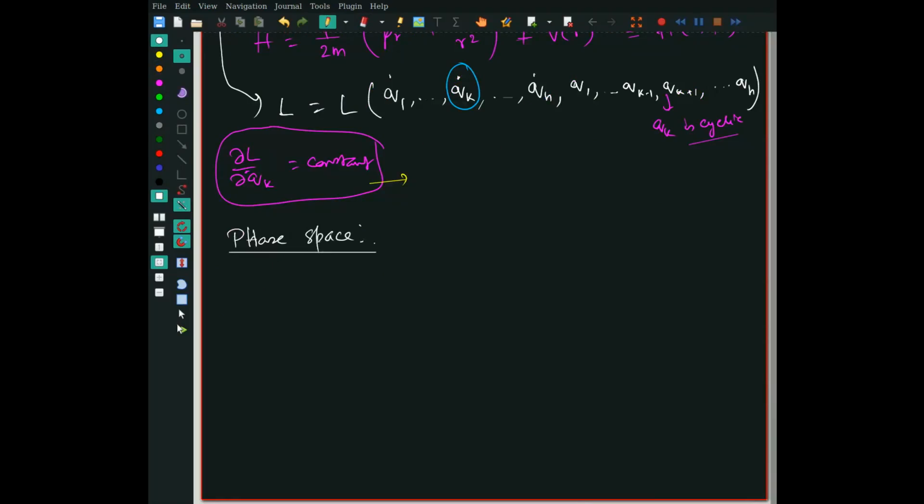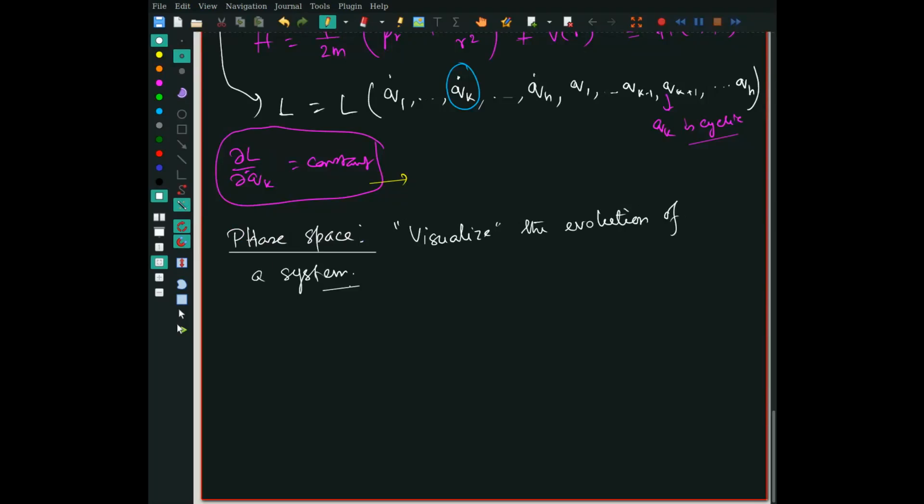It is an easy way to visualize the evolution of a system.